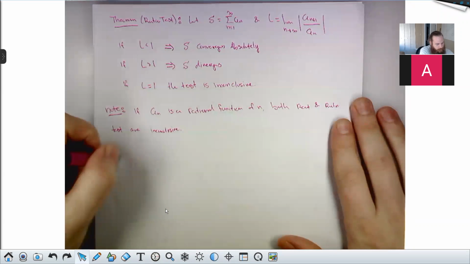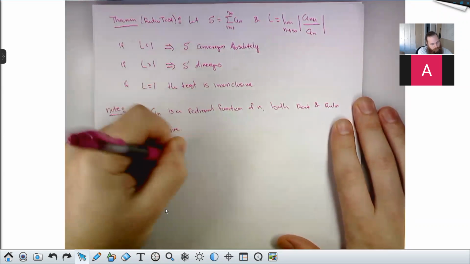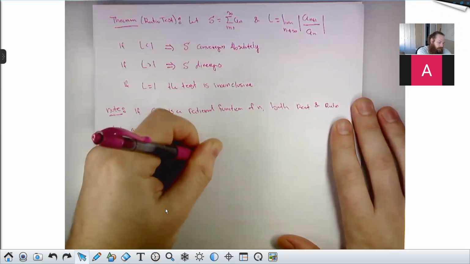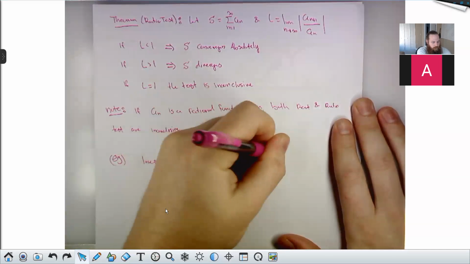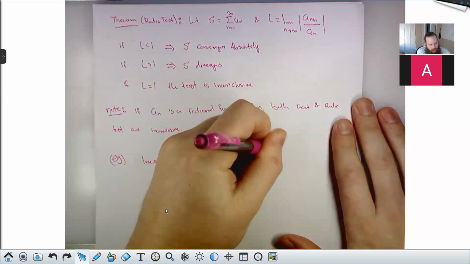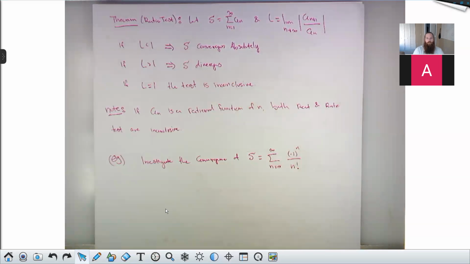However, there's a bunch of stuff on which they do work really well. And I would like to emphasize that these tests do not require the series to have positive terms. So the series I just wrote down here, the sum from n equals 0 to infinity of (-1)^n over n factorial, is an alternating series.